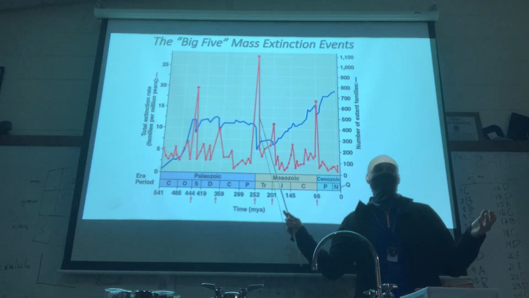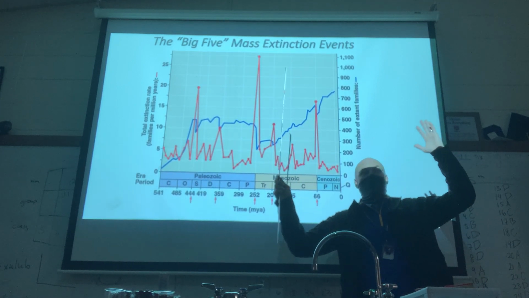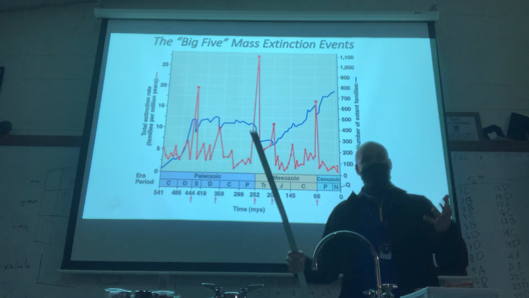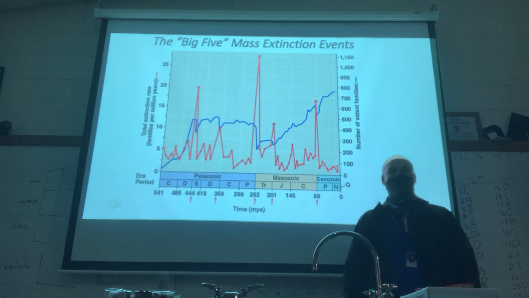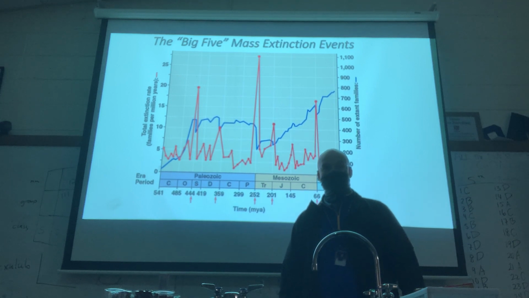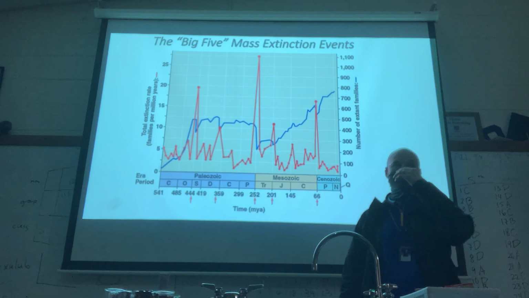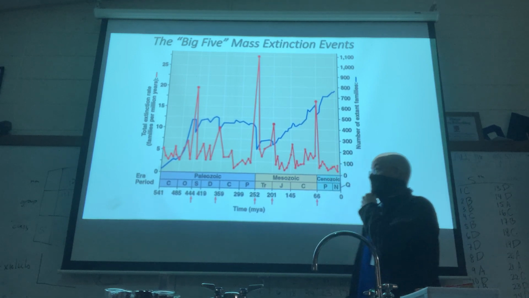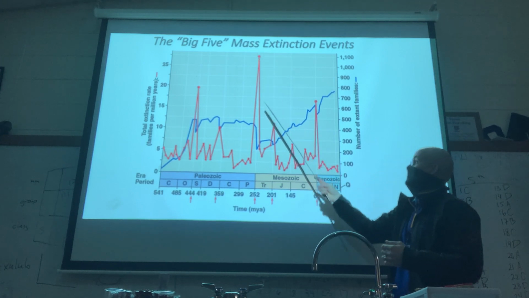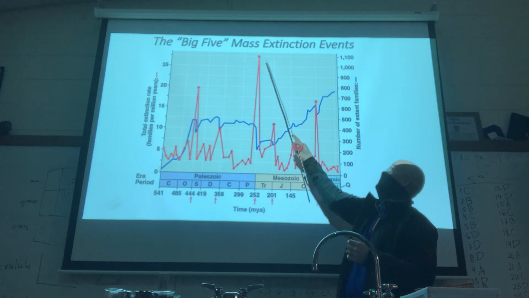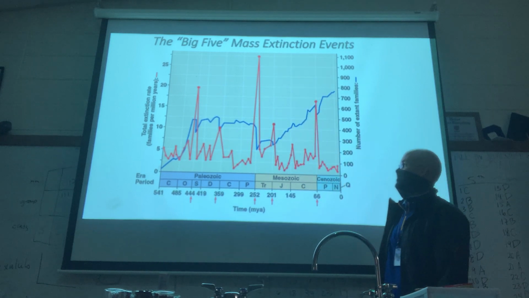We don't know the cause of it, but there's geological evidence that indicates basically all of Siberia was molten rock at this time, which tends to indicate a lot of volcanic activity, which can drastically change the climate and the atmosphere. So some sort of global event that affected the entire globe caused a very high mass extinction rate.